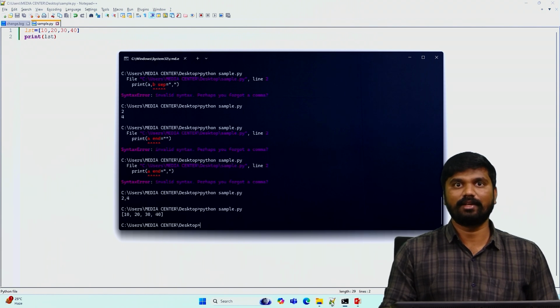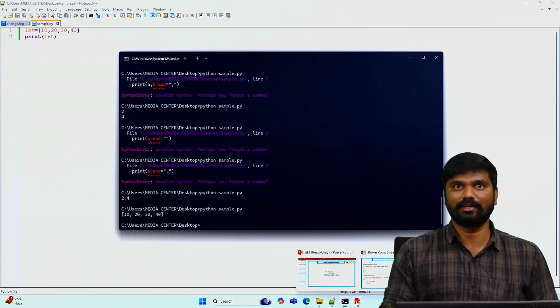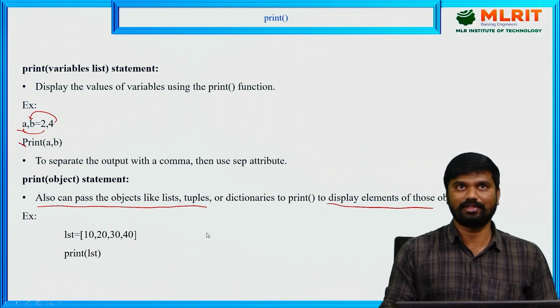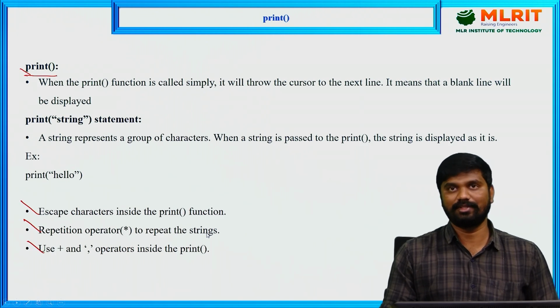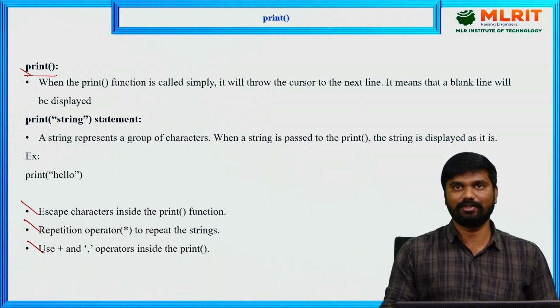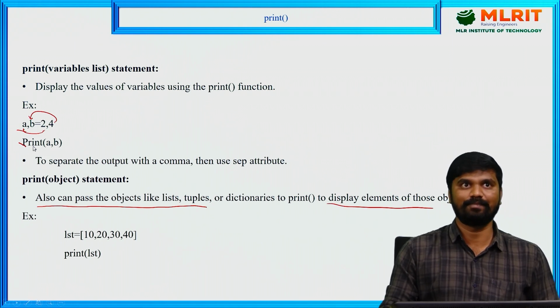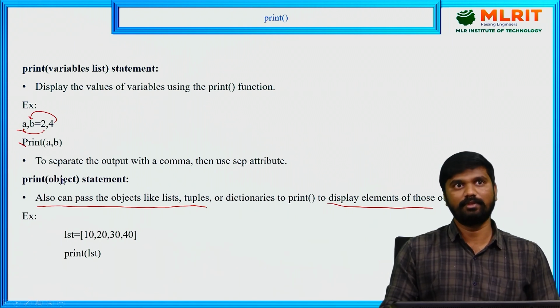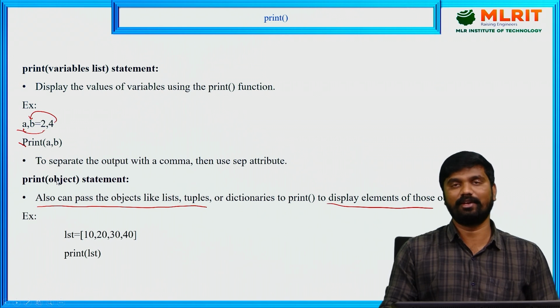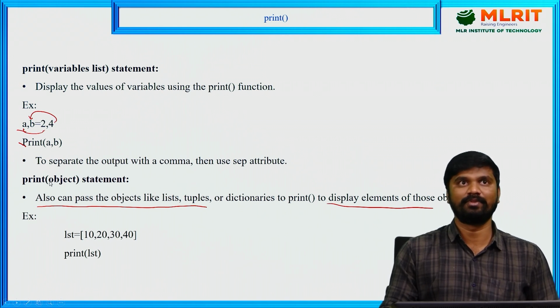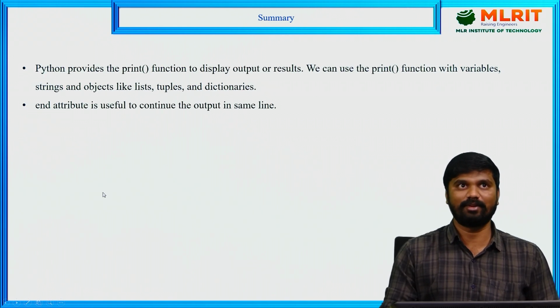So these are the various formats of the output statement. First we saw the empty function. Next we passed a string into the print function. Next a variables list, and then an object. So this is about the various formats of the print function.